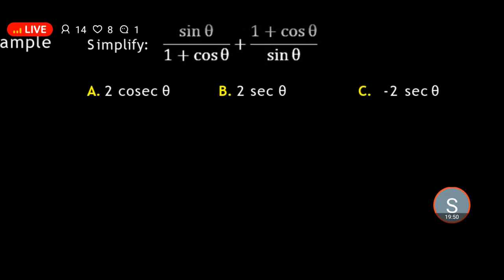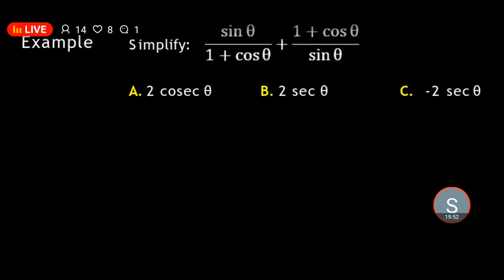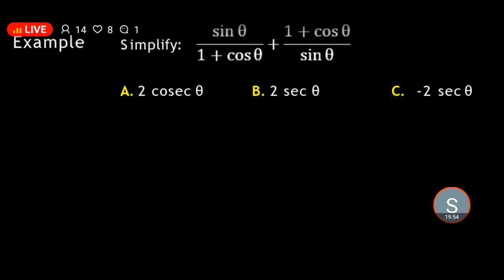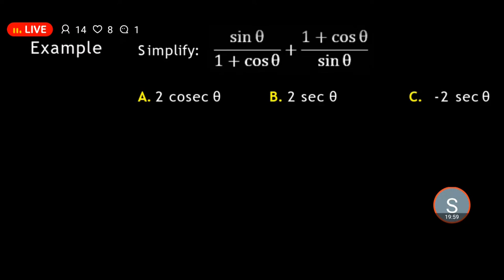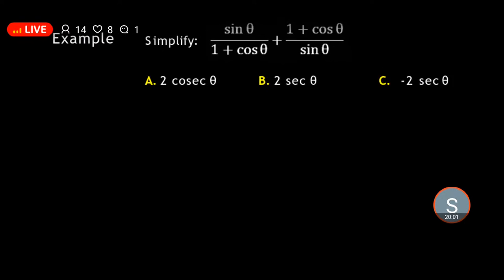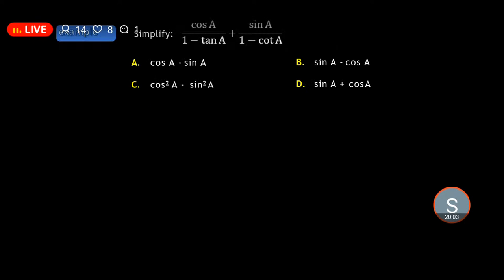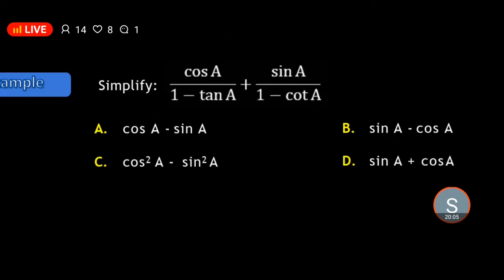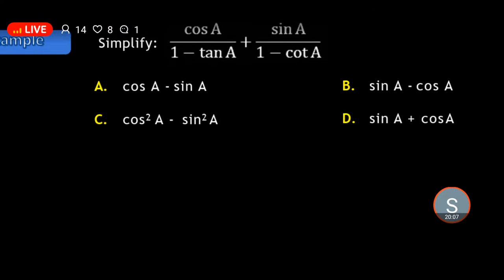Simplify cos theta by 1 minus tan theta plus sin A by 1 minus cot A. How will you do this?